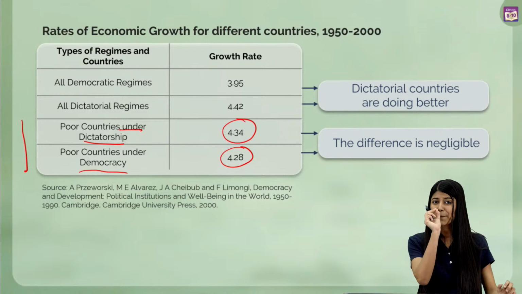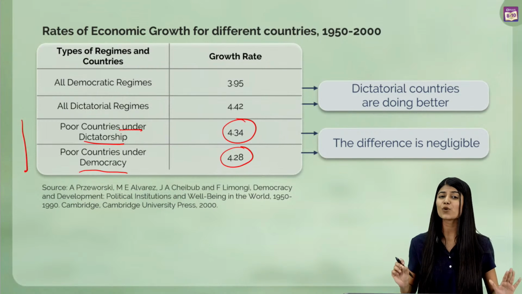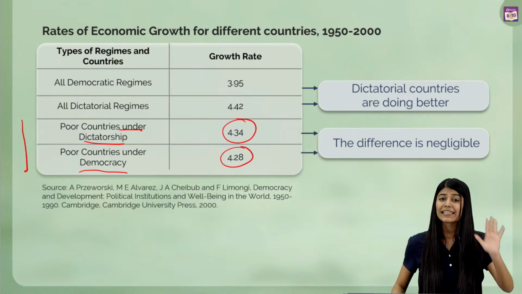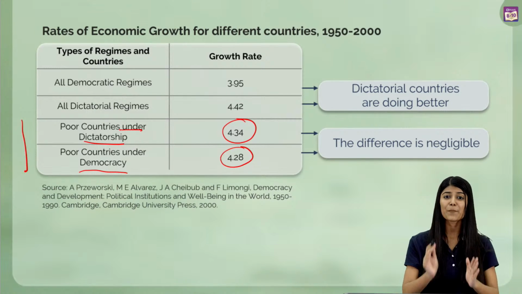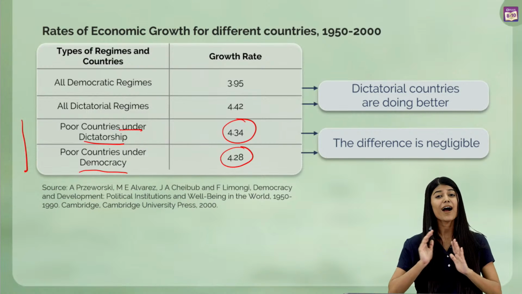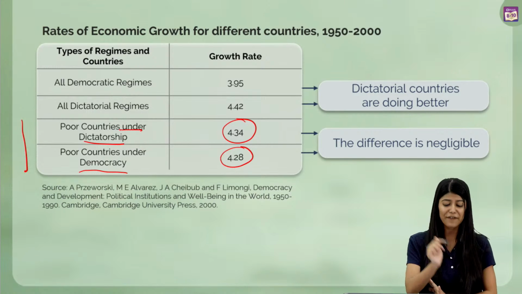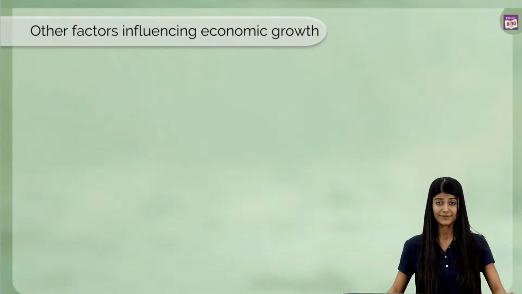The difference is pretty negligible, and so what we can conclude is that the economic growth of any country is not just dependent on democracy. There are other factors that affect the economic growth, right?